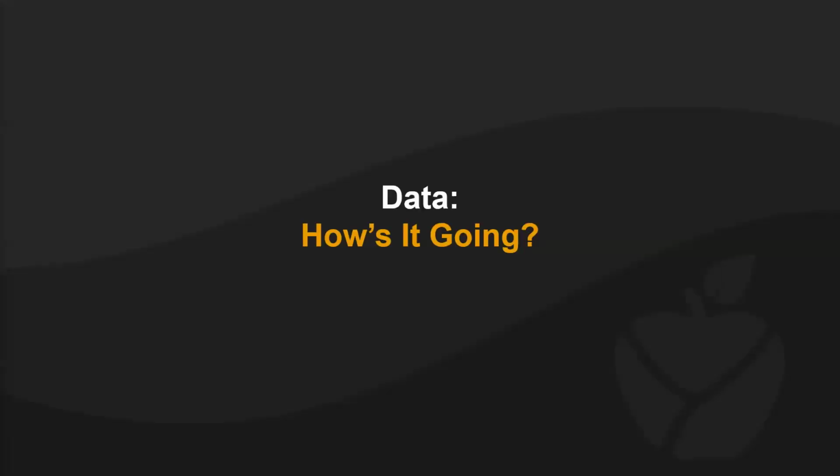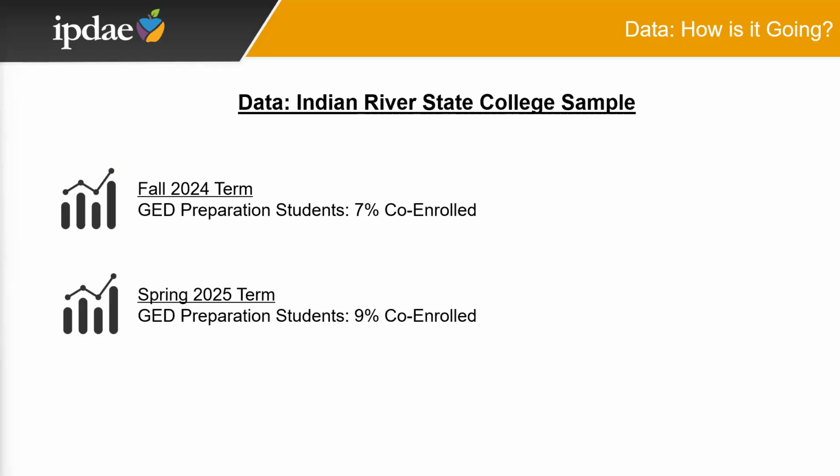Okay, so I just wanted to share a little bit of data on how it's going using Indian River State College's implementation of this dual enrollment model. We started to track this and really recruit and implement this in early fall, but I think this was our second semester, fall 2024.